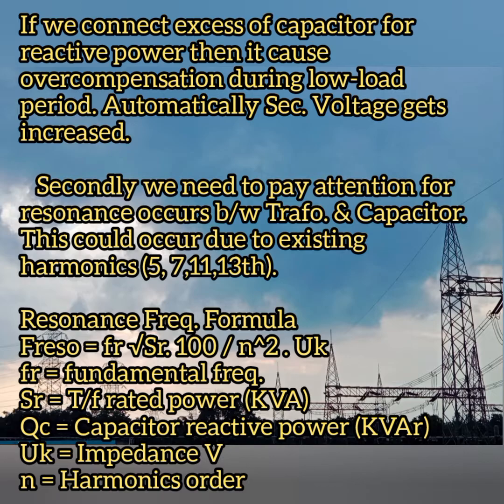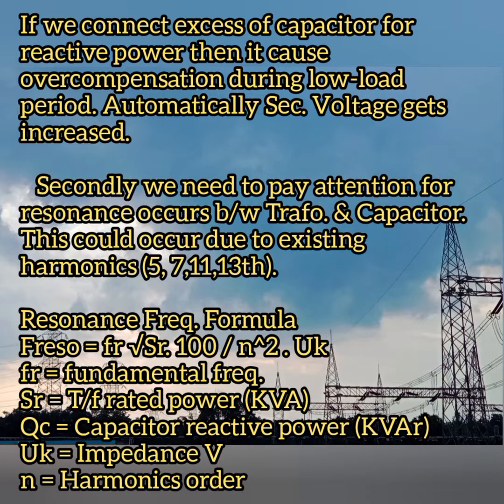This could occur due to existing harmonics like the 5th, 7th, 11th and 13th harmonics, which exist during the normal connection of the transformer to the load. So we have a formula for finding the resonance frequency. The resonance frequency is equal to Fr into root of SR into 100 divided by N square into UK.